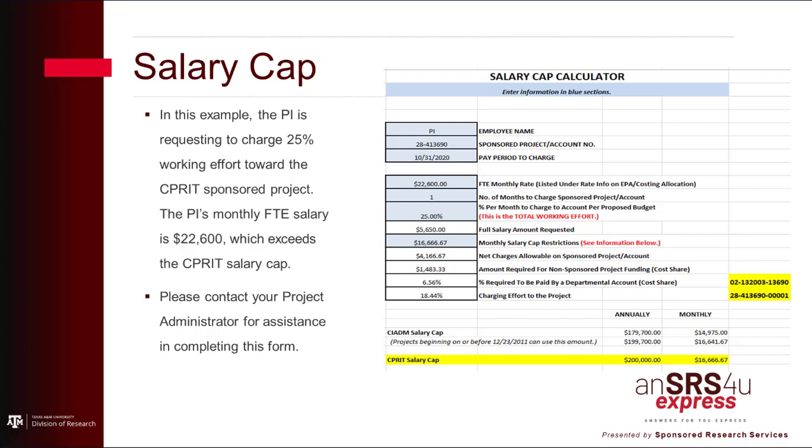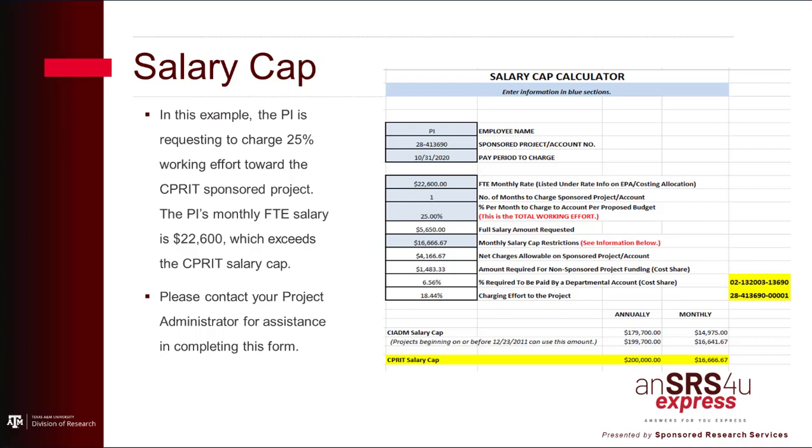Once we fill in this information, then the worksheet is going to tell us the dollar amount as well as the percent effort split between the sponsored project and the departmental cost share account. So with this example, again, the PI wanted to charge 25% of their working effort towards the CPRIT project.